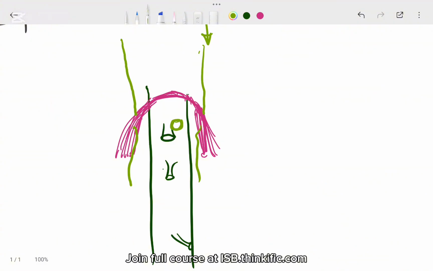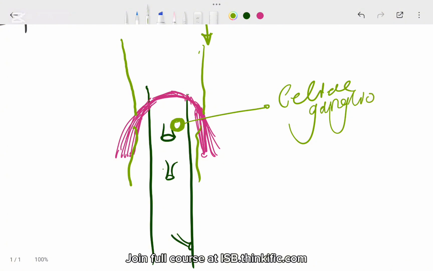Okay? That's called the celiac ganglion. Here they find the postganglionic neuron. So they synapse here at the celiac ganglion with a postganglionic fiber. The postganglionic fiber emerges out, right? And these fibers, these filaments, pass along with the branches of the celiac artery, right?